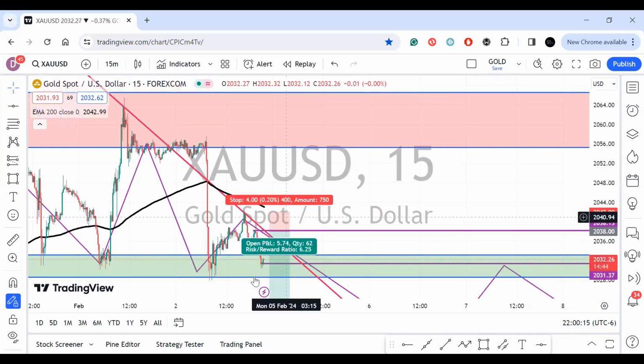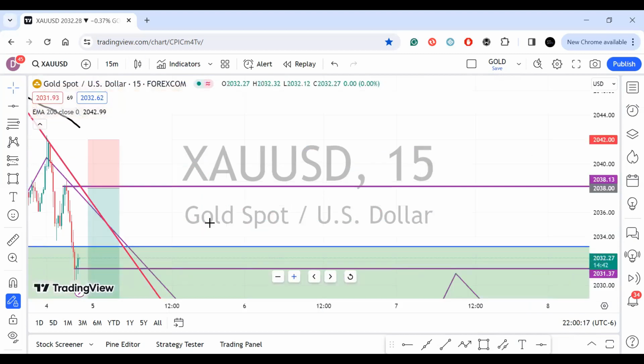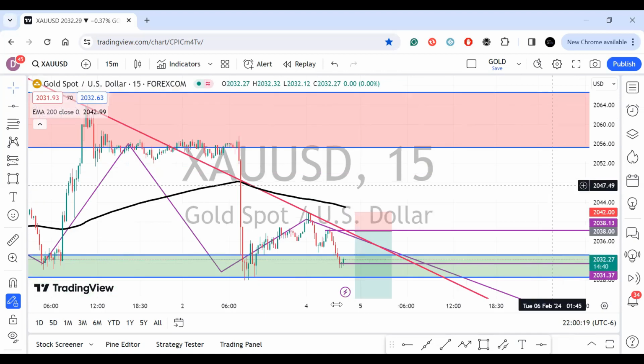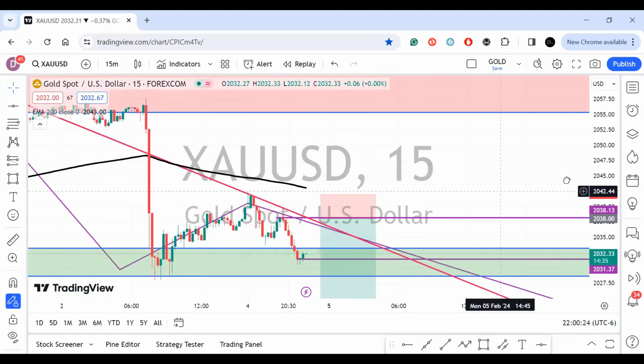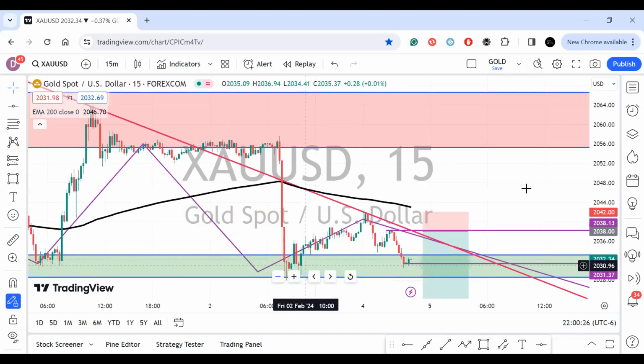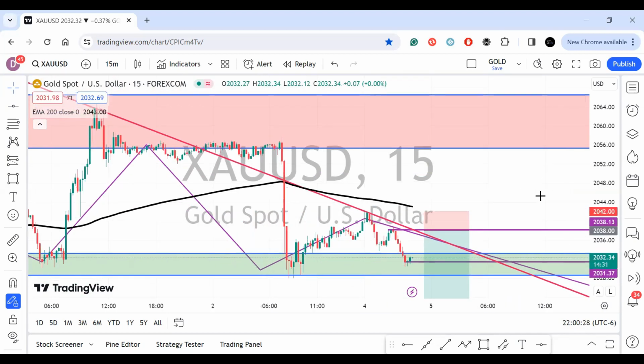Yeah, this is my overall outlook for at least tomorrow, maybe on Wednesday, tomorrow and the next day. This is what I'm looking out for.